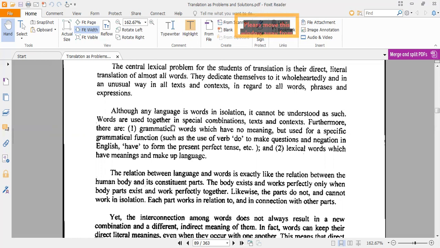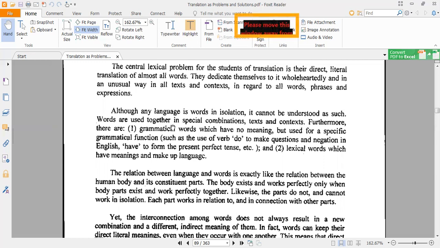For example, verb to have. She has participated in the conference. Now, has is called a grammatical word. Why? Because it has only a grammatical function to denote the present perfect tense, but it does not have a lexical denotation or a lexical value.